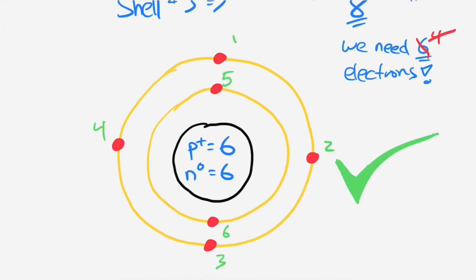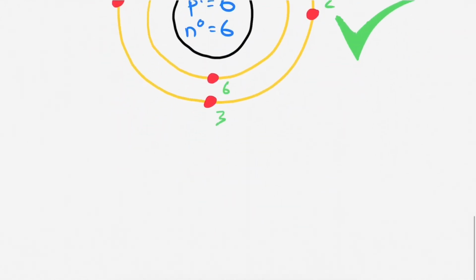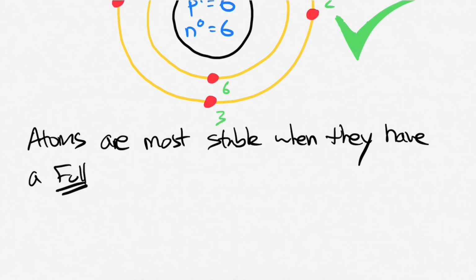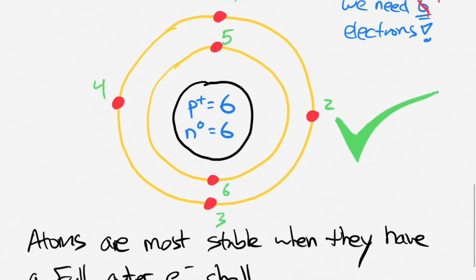Because atoms are most stable when they have a full outer electron shell. They're always most stable when they have a full outer electron shell. So this is going to be really important for us. But let's do another example first.